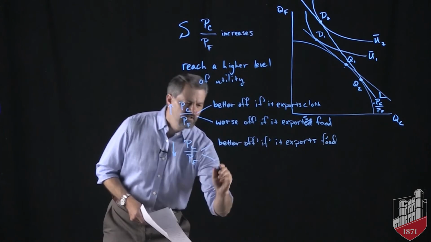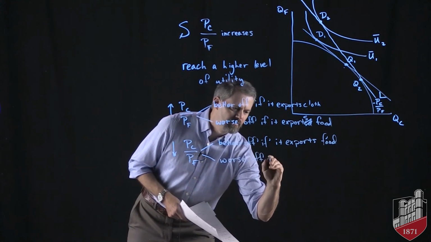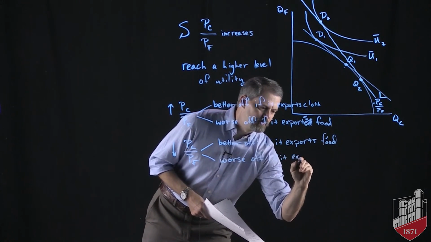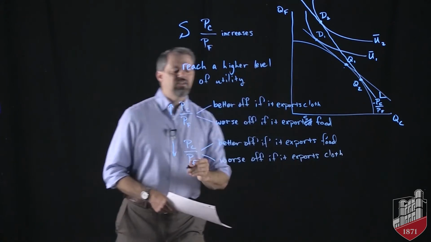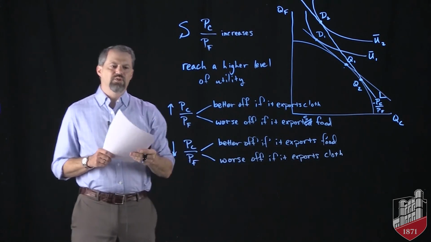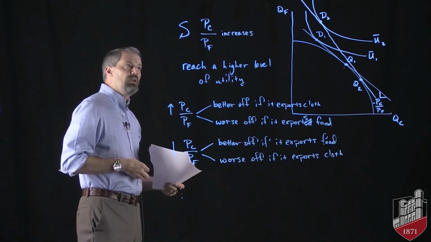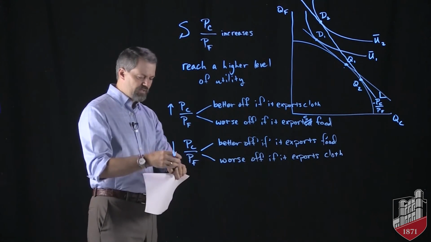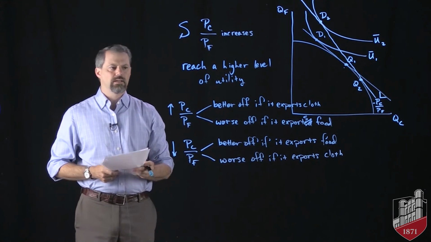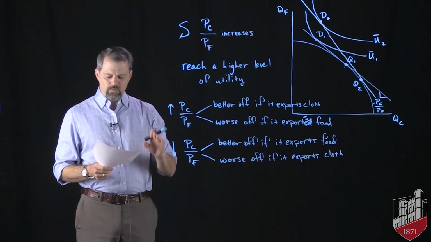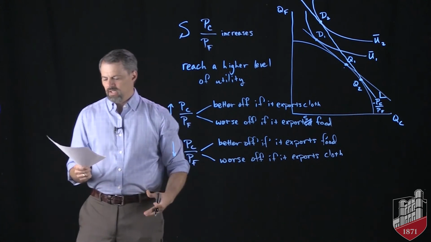Worse off if it exports cloth. So this gives us a link between the country's terms of trade and whether or not it's going to be made worse off or better off if its terms of trade go up or down. Okay?